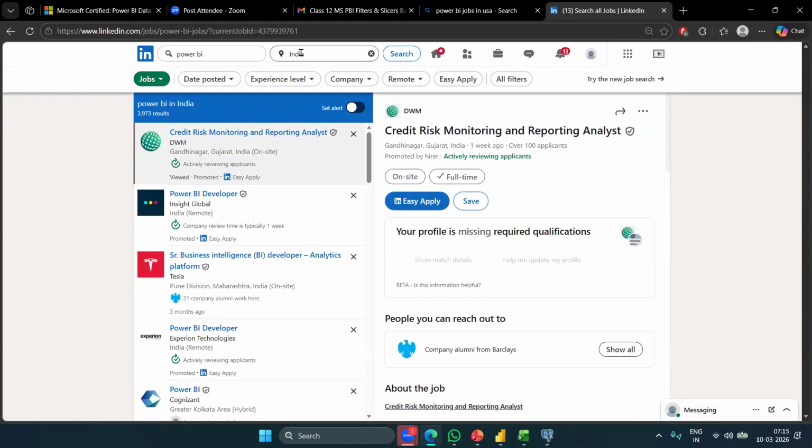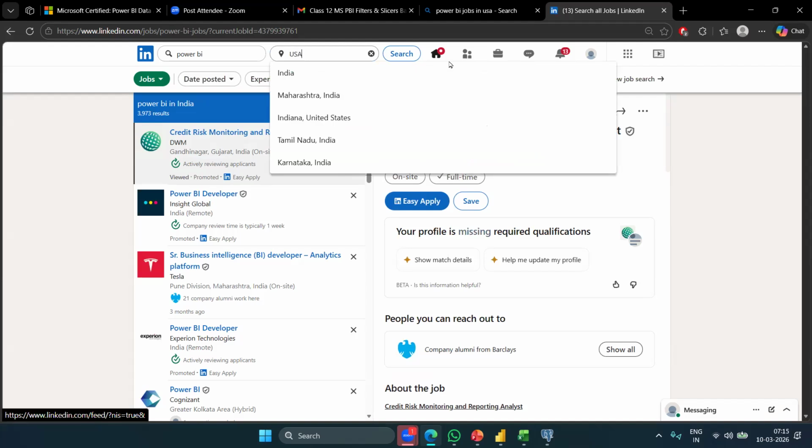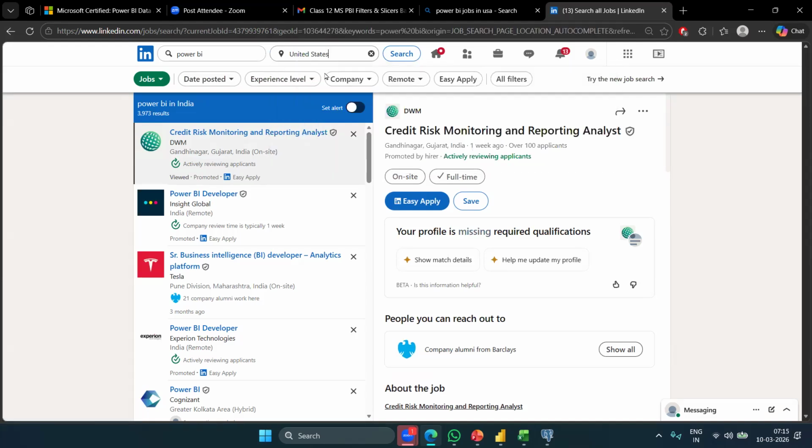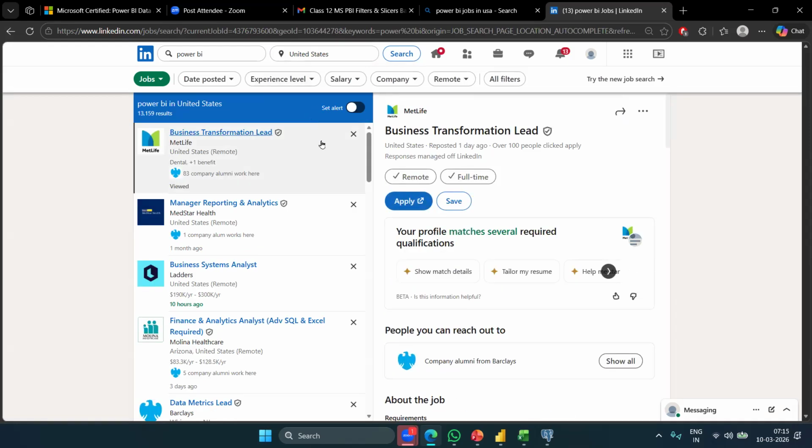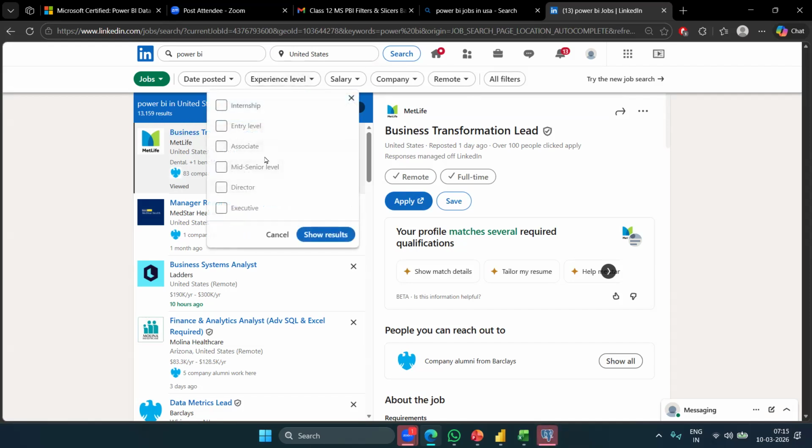So if I go with Power BI, majority of the students are from USA, so I'm just picking up USA for example, right? If you see, there are at present 13,000 jobs, but if you go further, because there are different things, ideally we won't be fitting for all of them.